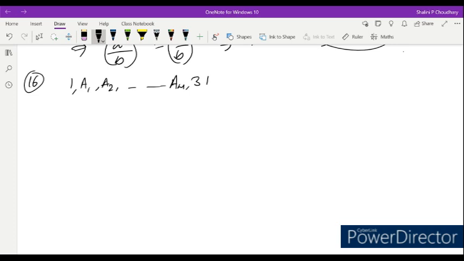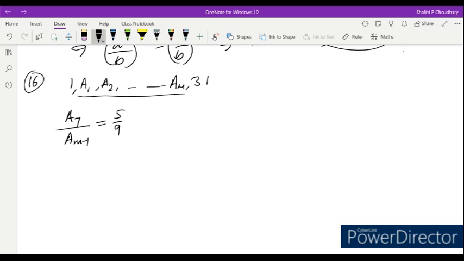The ratio of the 7th and the (m minus 1)th numbers among these m inserted numbers, it means a7 upon a(m minus 1), that ratio will be 5 upon 9.